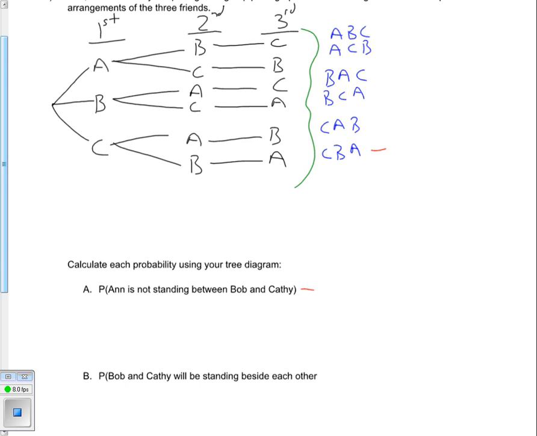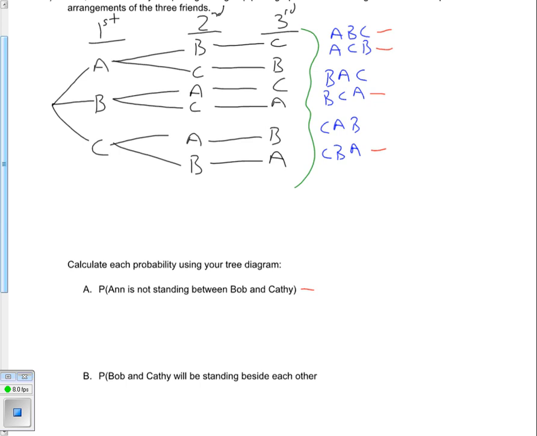Here's one. B and C are side by side here. Anne's in the middle up there. B and C are the same here, and B and C are together there. In this instance, we have 4 out of 6.